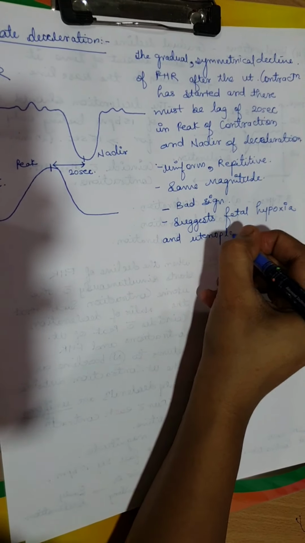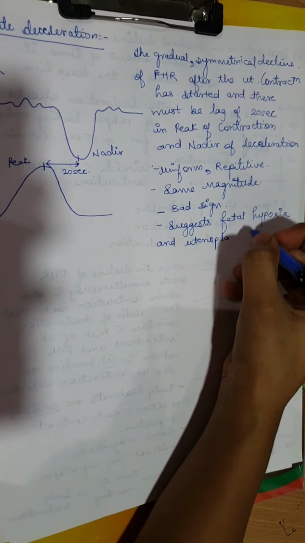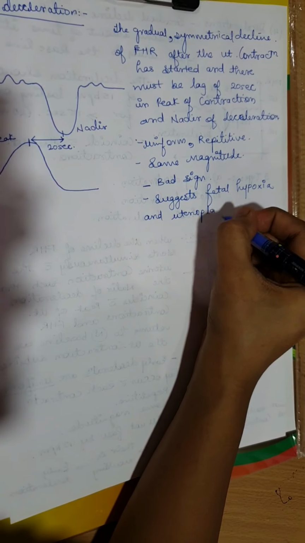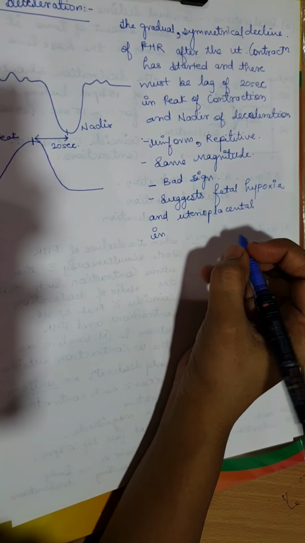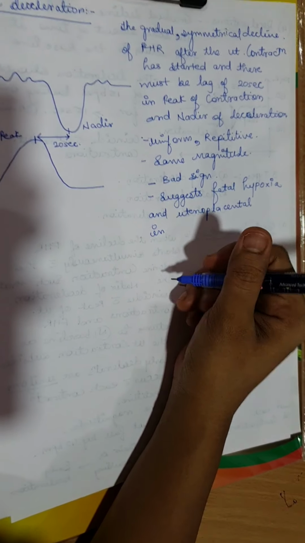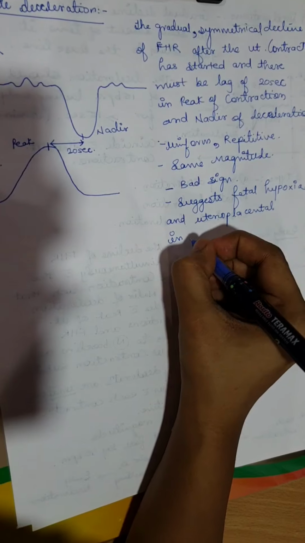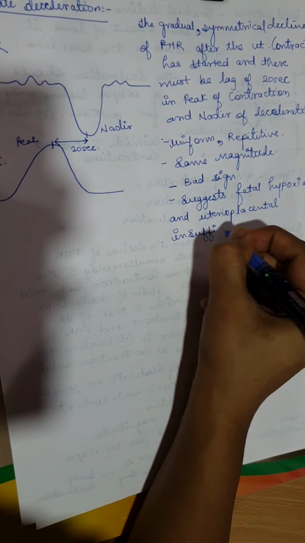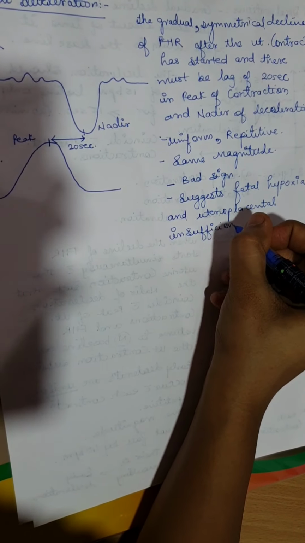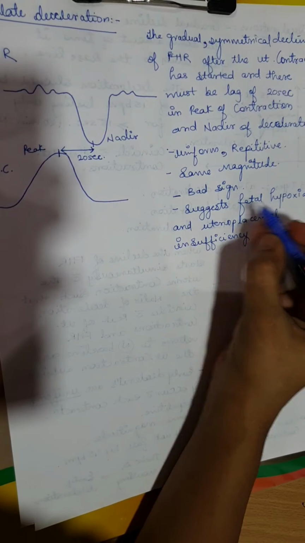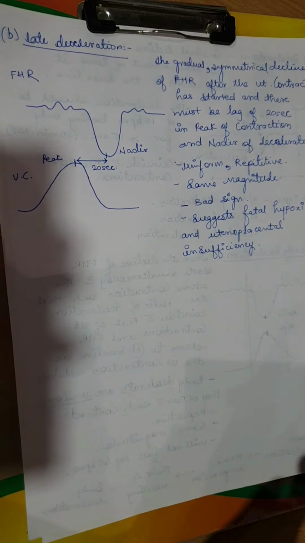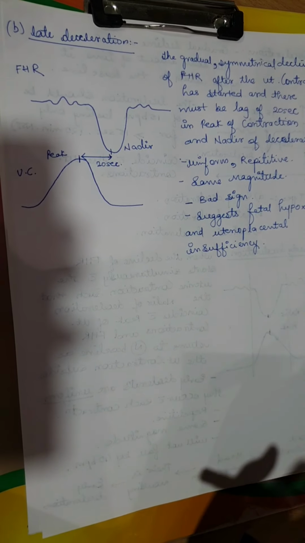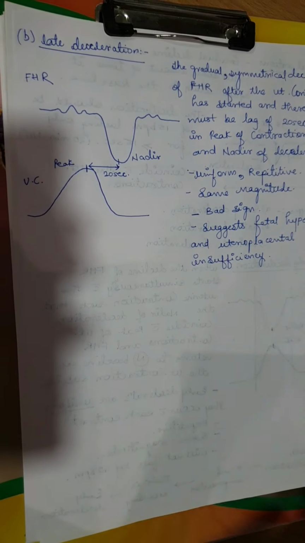That is, the fetus is not getting an adequate amount of oxygen, as there is improper blood supply to the fetus. So you have to carry out the delivery as soon as possible. You have to take out the fetus as early as possible.